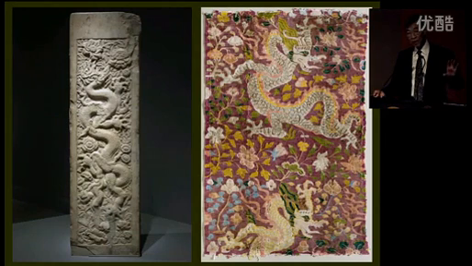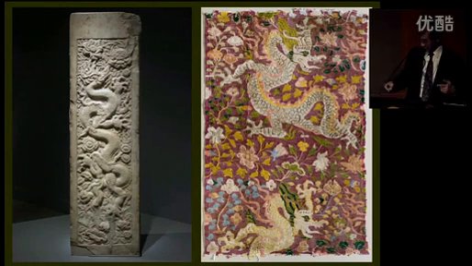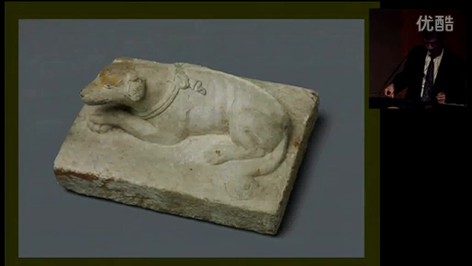Now, dragons on floral ground is not a Chinese tradition. This may not be obvious if you just look at a dragon, but that is the case. So this is a less obvious influence of Central Asia in China.